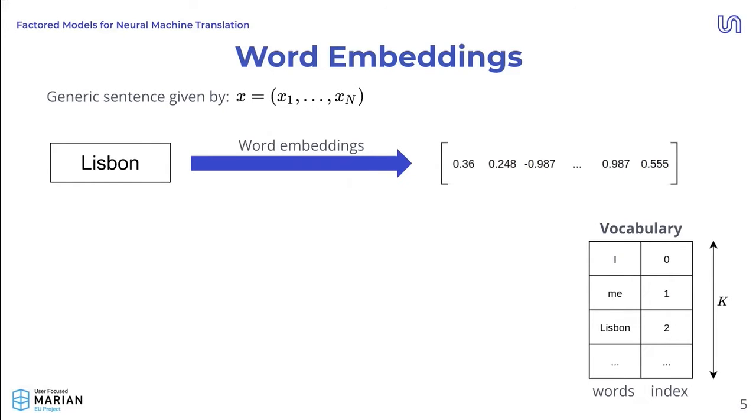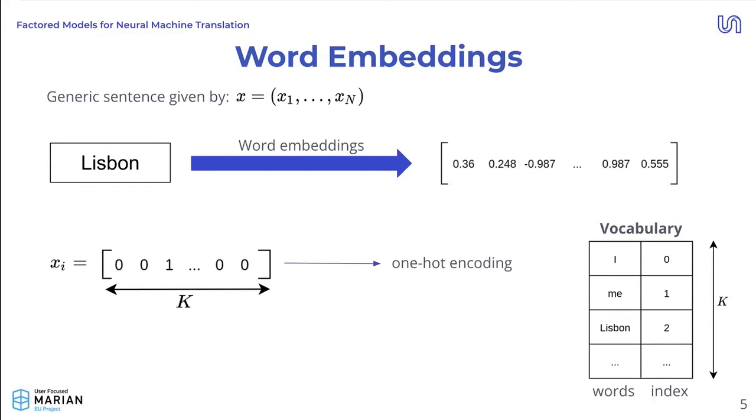Usually you have a vocabulary, which is basically the list of all the words in the language you are translating into or from. Then you represent each word by a vector with a method called one-hot encoding, which is basically an array full of zeros with only the number one in the spot that corresponds to the word you're trying to encode. In this example, Lisbon is the third word in the vocabulary, so the third spot in the array is the one.